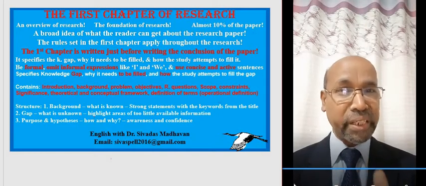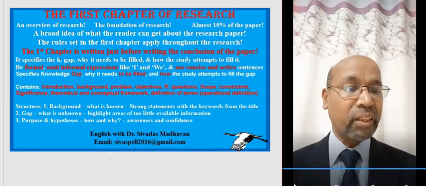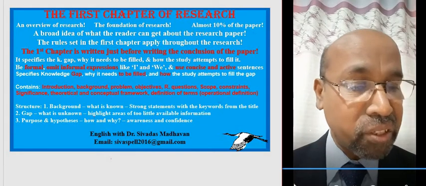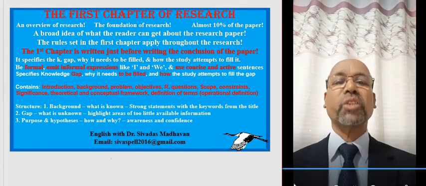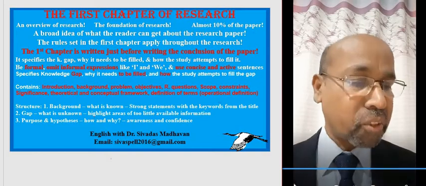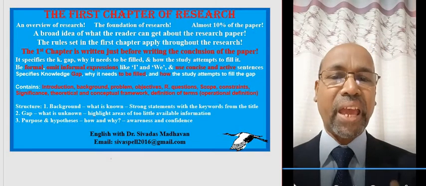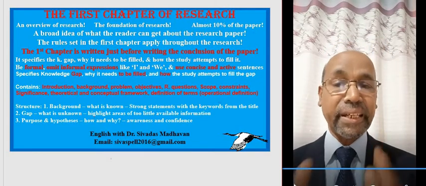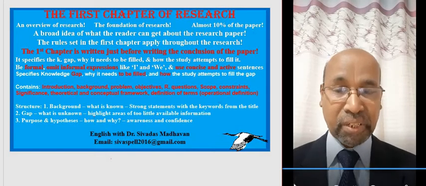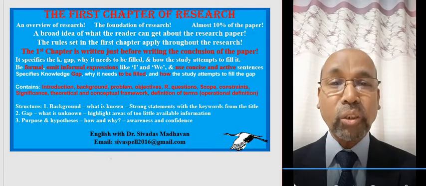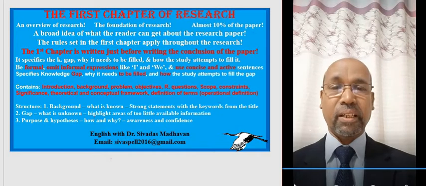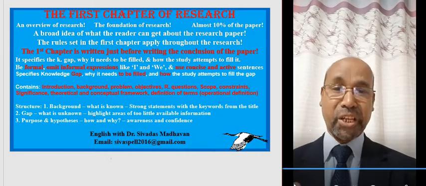We can do it in another way. The first thing is what is known about the topic. What is known about the topic means that is in the background, we have it. And next is the research gap. That is, what is not known about the topic. So it leads to the research gap.